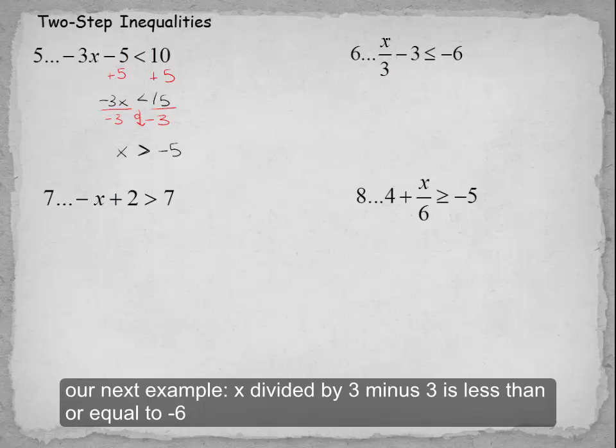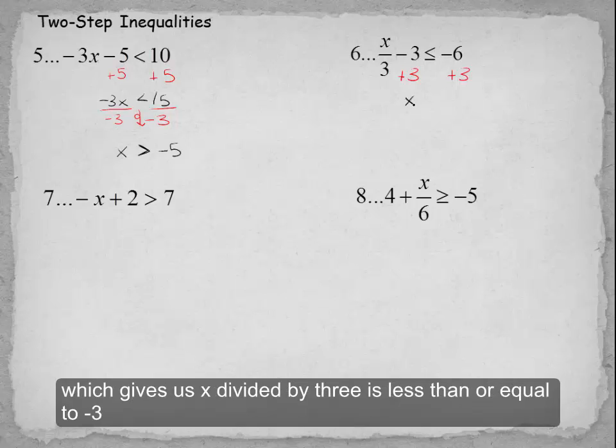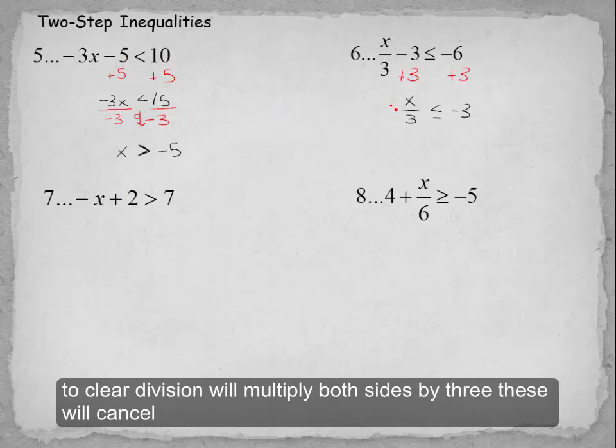Our next example, x divided by 3 minus 3 is less than or equal to negative 6. Our first step will be to add 3 to both sides, which gives us x divided by 3 is less than or equal to negative 3. To clear our division, we'll multiply both sides by 3.